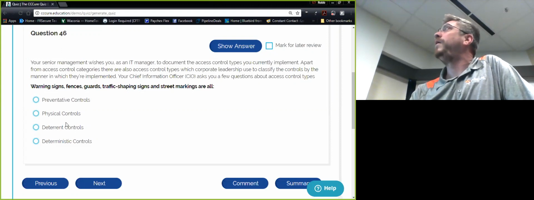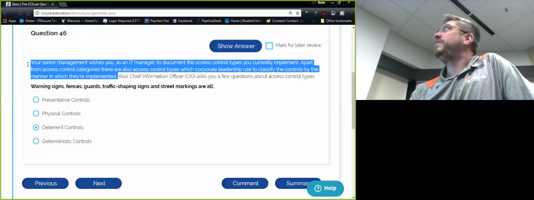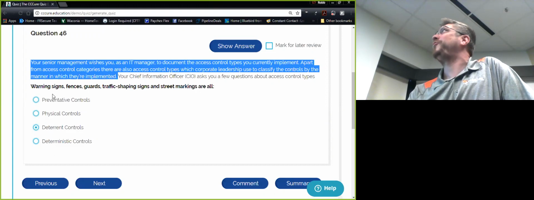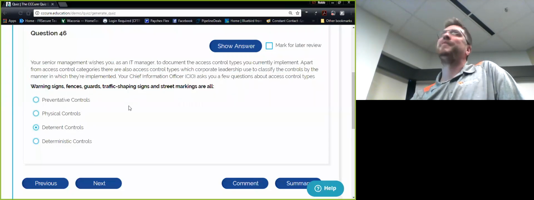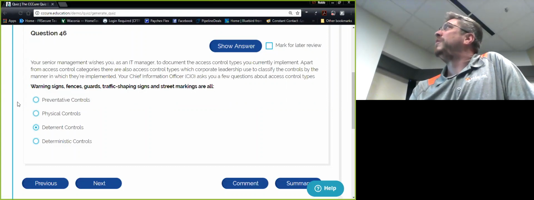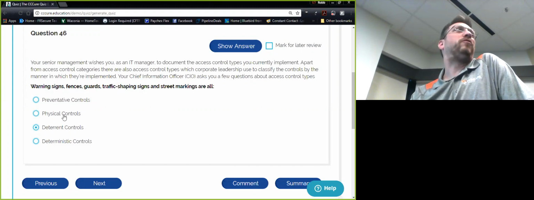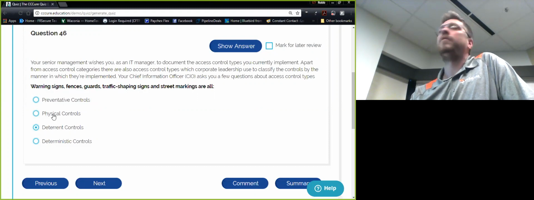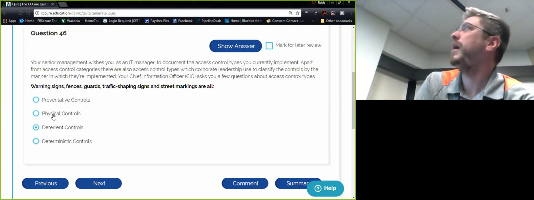What's great about this question is that there's a lot of information that's not really relevant, but really they want to ask about these control types. So it's not preventative. Is a guard considered physical? It could be deterrent or physical. But the traffic shaping signs isn't a deterrent, because it's just shaping. So what is a traffic shaping sign? Like a fence without a fence? Traffic light.